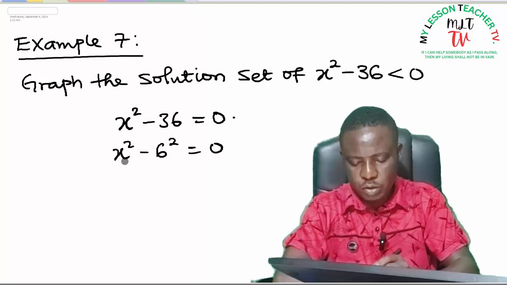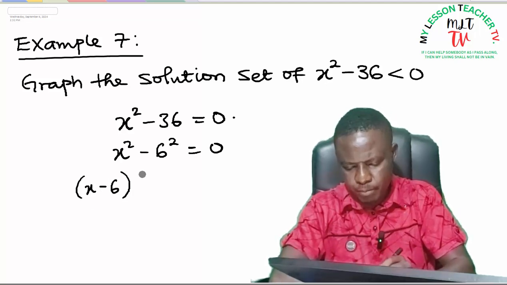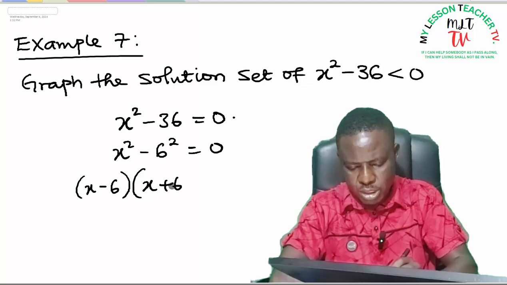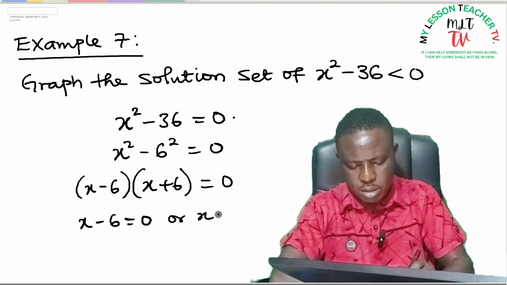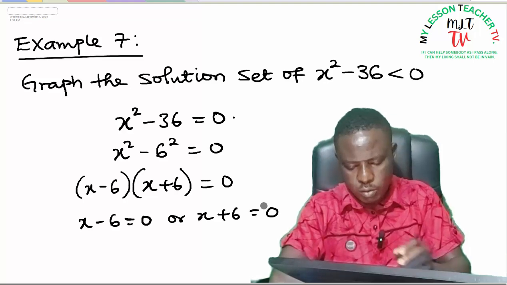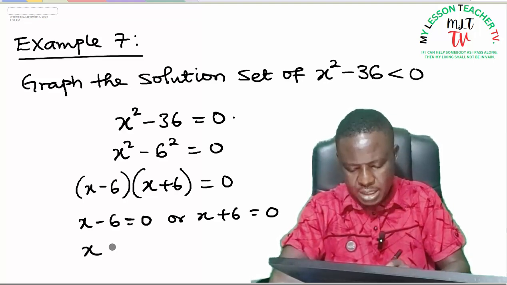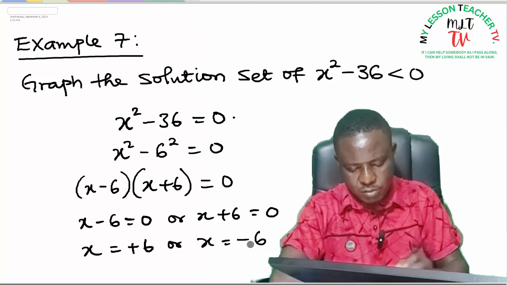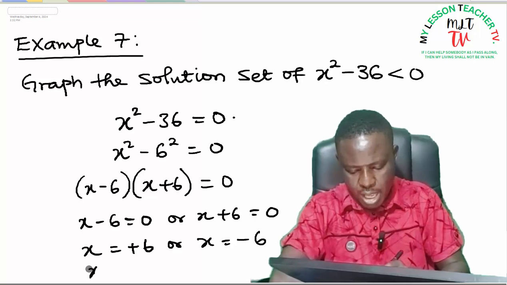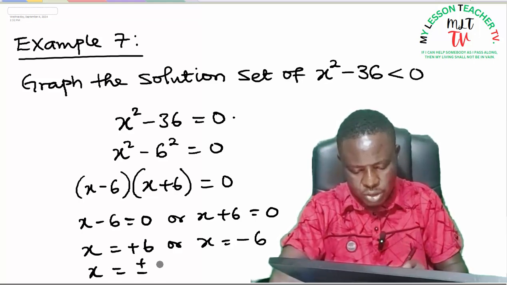And when you factorize the difference of two squares, you will have x minus 6 into x plus 6 is equal to 0. So we have x minus 6 is equal to 0, or x plus 6 is equal to 0. So we have x is equal to positive 6, or x is equal to negative 6. So we have x is equal to plus or minus 6.